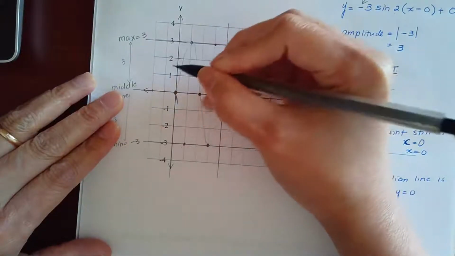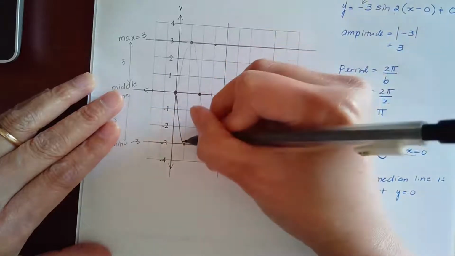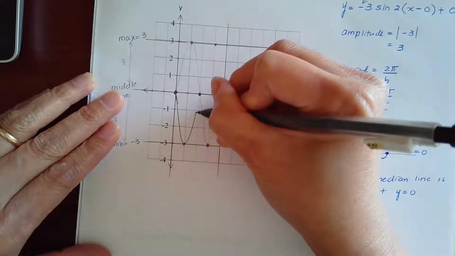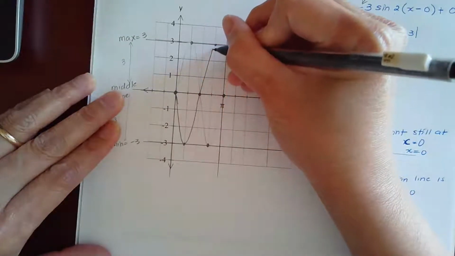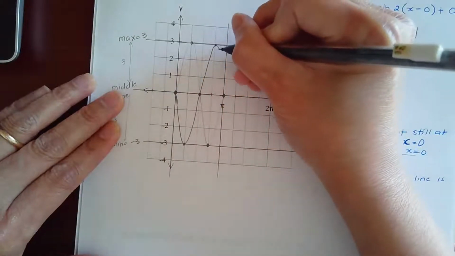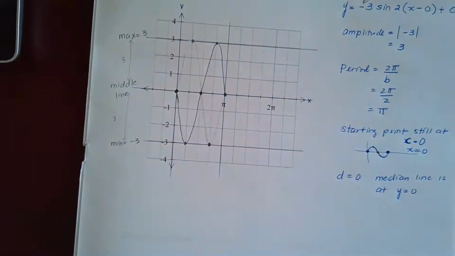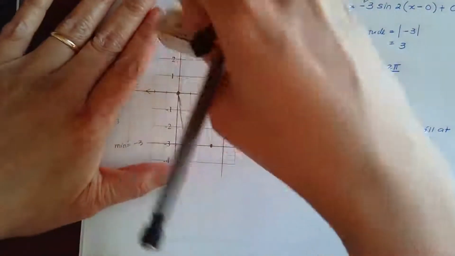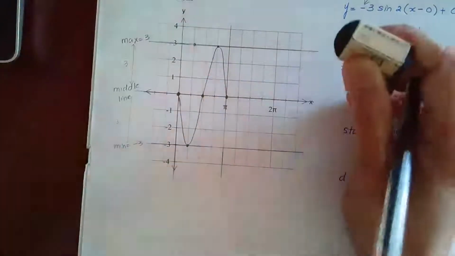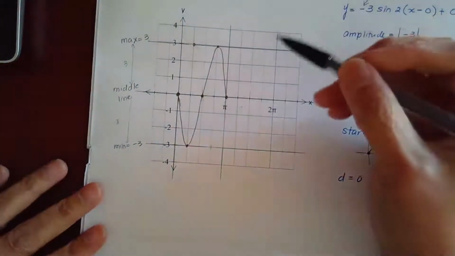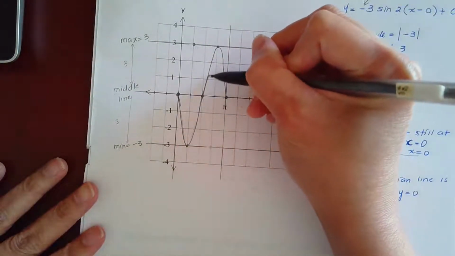Okay, so let's just graph that. Now make it a solid graph. There you go. So our graph is like that. That's just one complete picture.